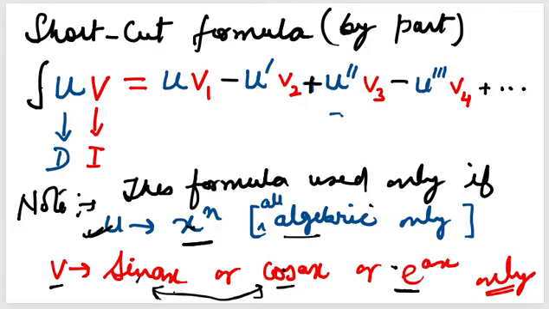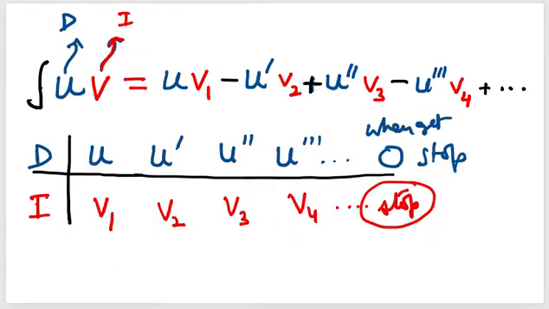Before I switch to calculation, let us quickly see how we are going to apply it. So first decide what your u and v are, d and I, where one is derivative. Obviously power will be for derivative, and sine, cos, exponent you will take for integration. So tabular form is better, you can use a tabular form.